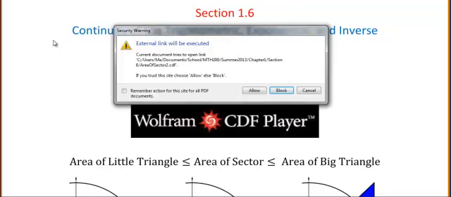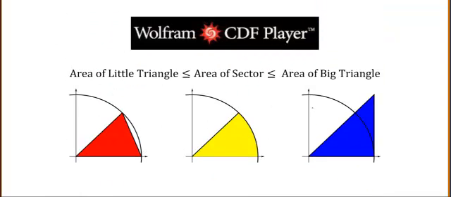Okay, so let's go back and let's take a look at this. Again, suppose that this angle here is theta. This point here on the circle will have its x-coordinate cosine of theta, and as its y-coordinate sine of theta.